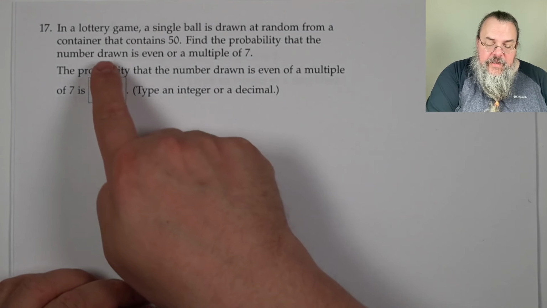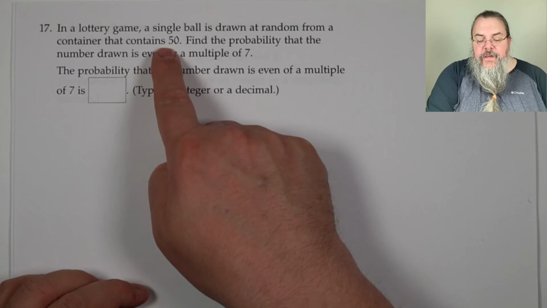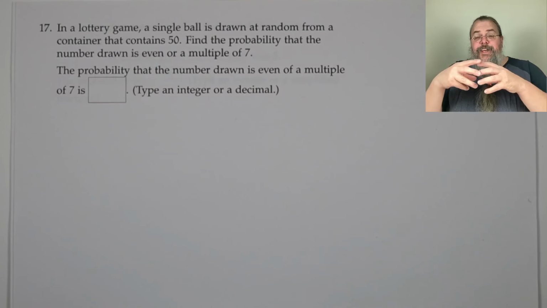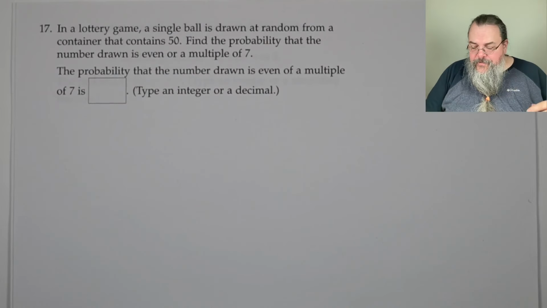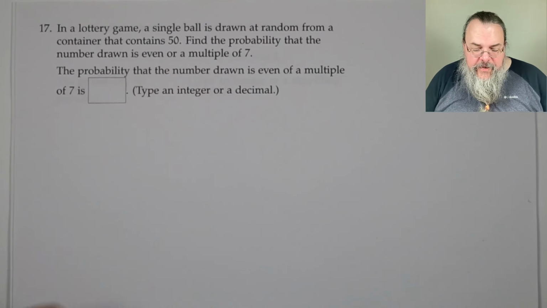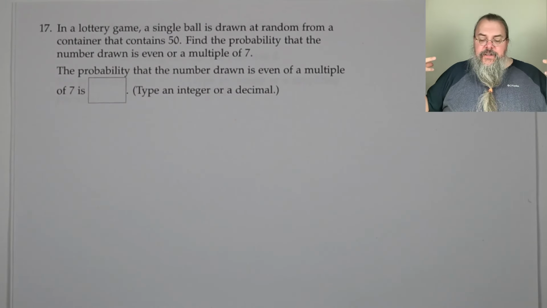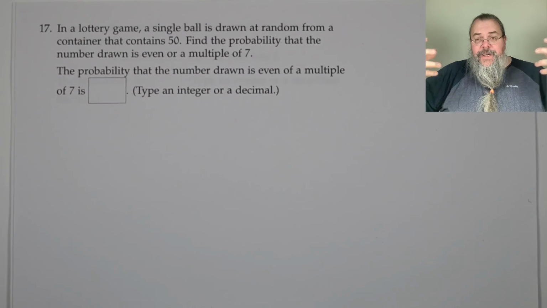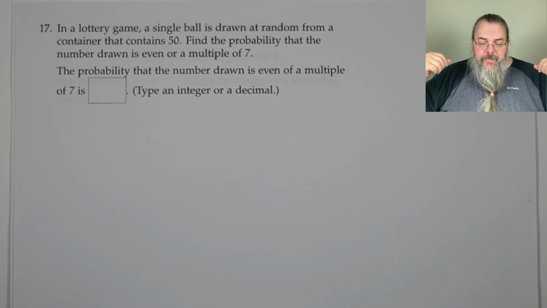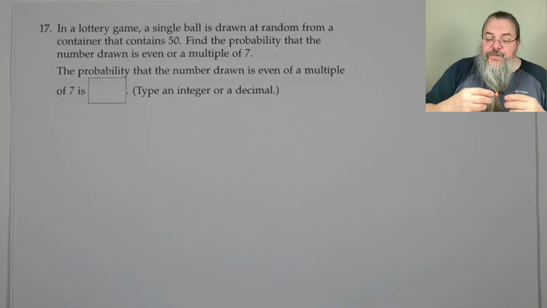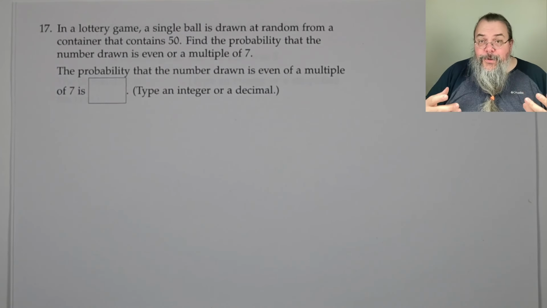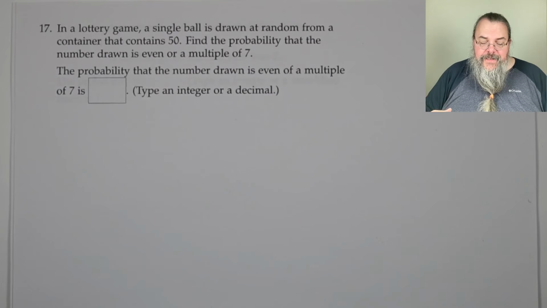So when it says it contains 50, we're thinking that it contains the numbers 1 through 50. That should have been phrased a little bit clearer, but okay. There's a single ball drawn at random out of 1 through 50.